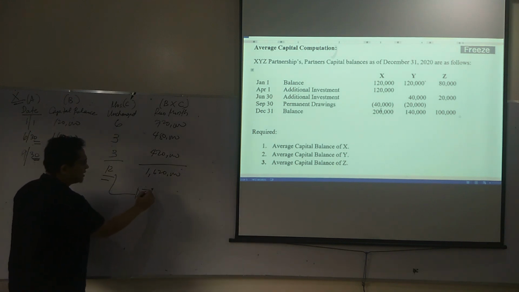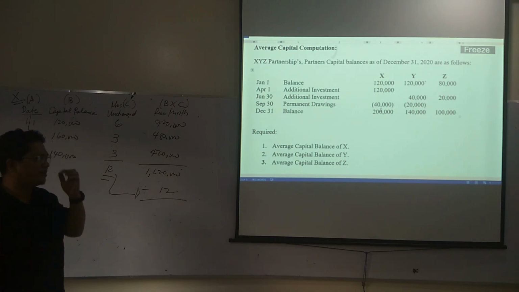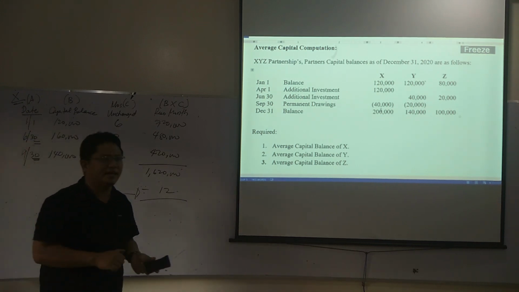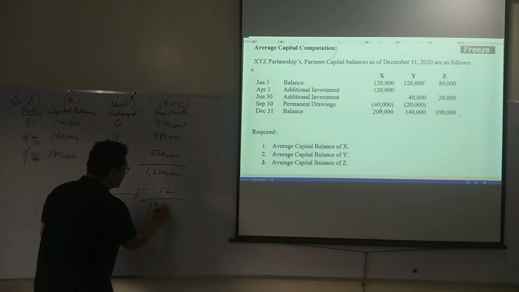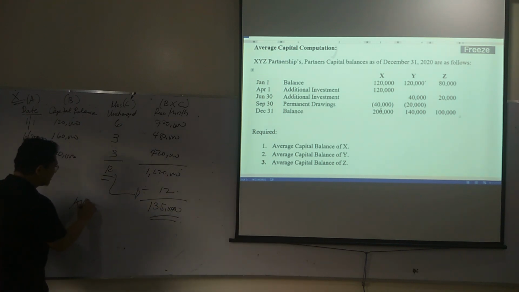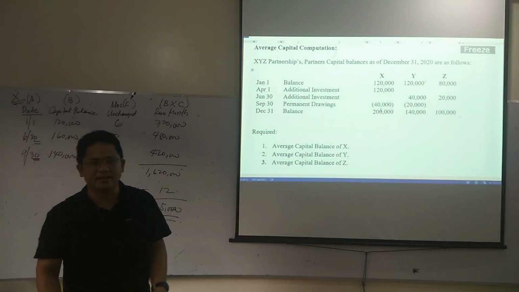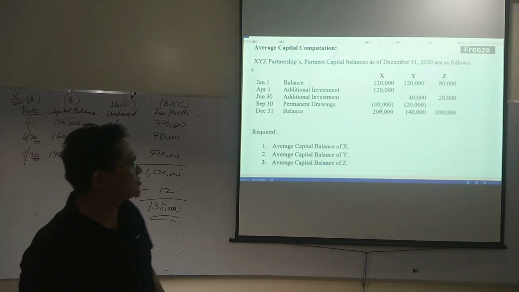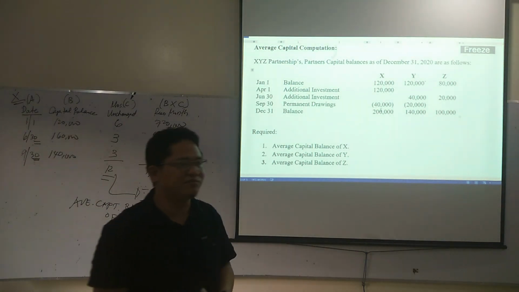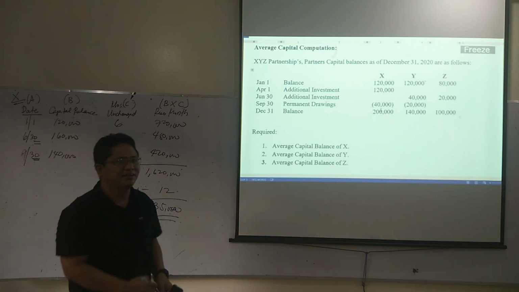Again, constant 12 months. So 1,620,000 divided by 12, you will get 135,000. So the average capital balance of Y is 135,000. I will leave Z's capital balance as your practice.